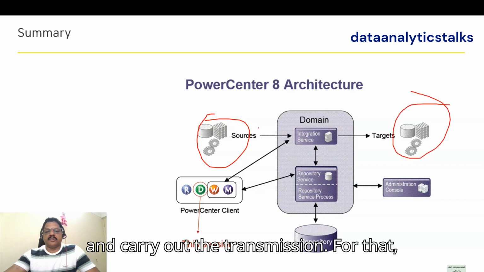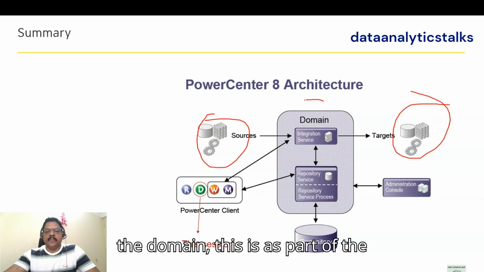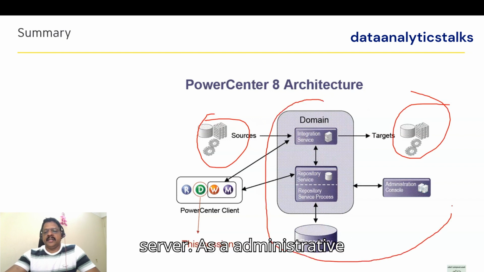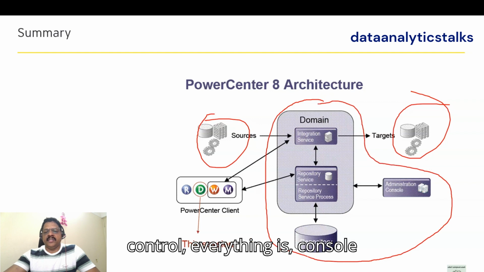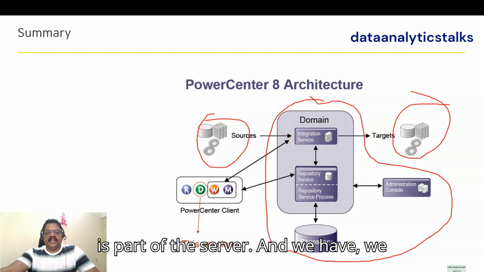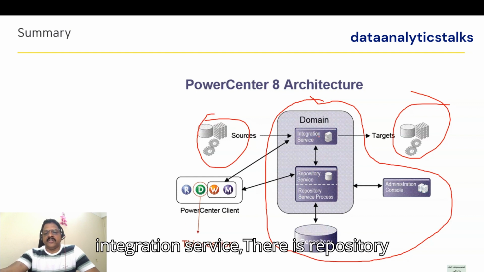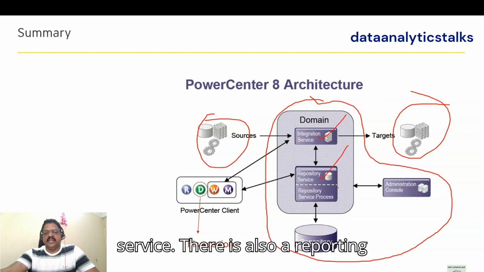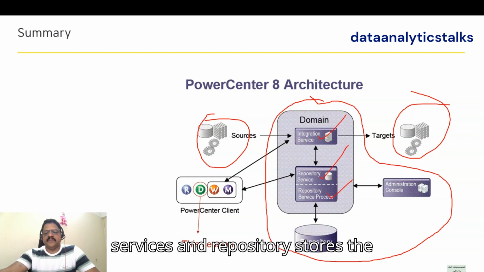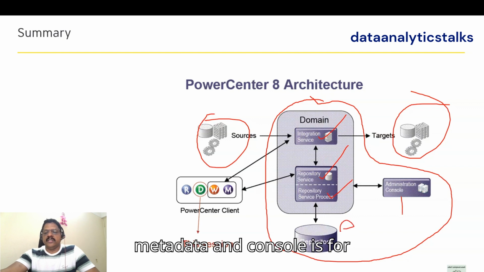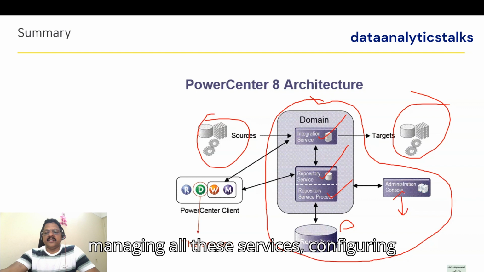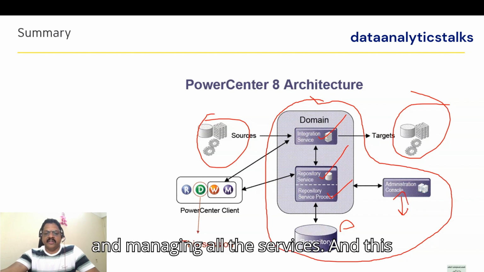For that, the domain sits as part of the server as an administrative control. The console is part of the server, and we already find that there is an integration service, a repository service, and a reporting service. The repository stores the metadata, and the console is for configuring and managing all these services.